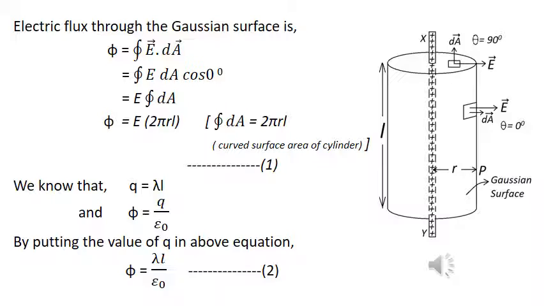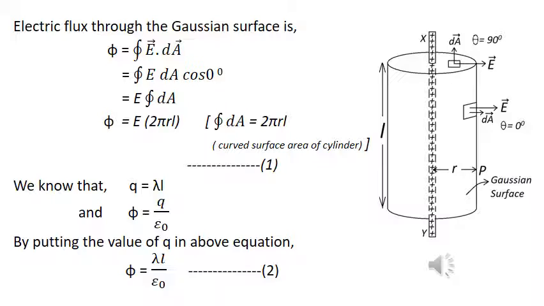As we know, the curved surface area of a cylinder is 2 pi rh, where r is the radius and h is the height of the cylinder. So in the diagram, the radius of the cylinder is r and the height is L. Therefore, the area of the curved surface of the Gaussian surface is equal to 2 pi rL.